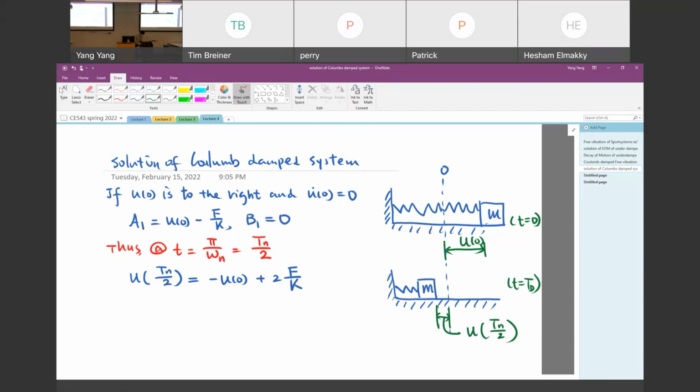Let me double check. Yes, I'm drawing my notes here. Have you guys noticed the issues here?